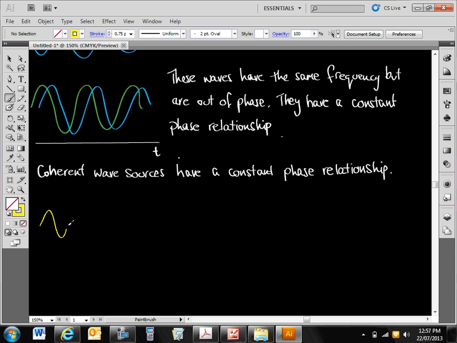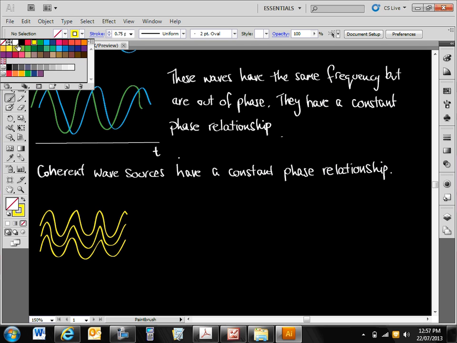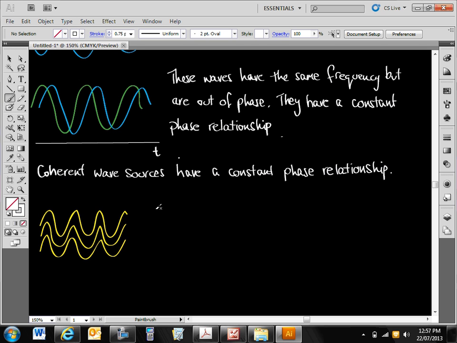Here we have some yellow coloured waves. We're going to be talking mostly in this course about light waves. What could you say about those waves? Yeah, they are in phase, aren't they? These waves are in phase.